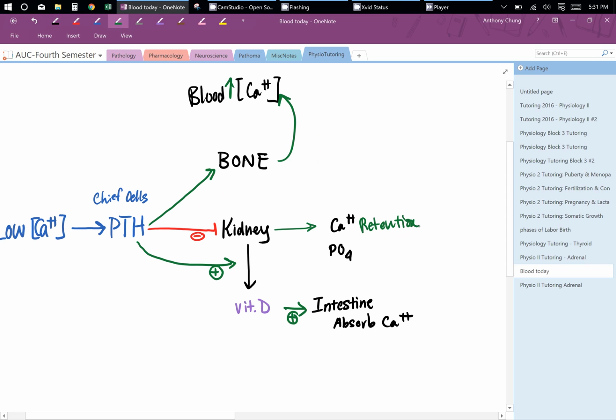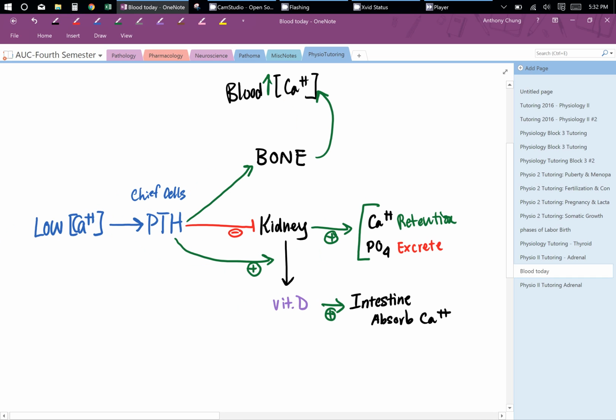And then at the same time you're retaining more calcium, you want to excrete more phosphate. So they have to be coupled together. Otherwise, bad things will happen in your circulation. So these two are sort of happening together under the effect of PTH.